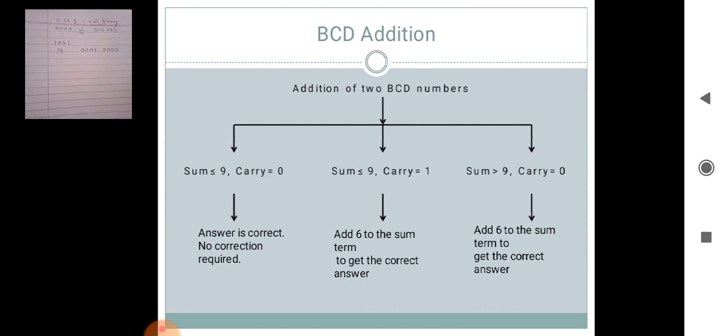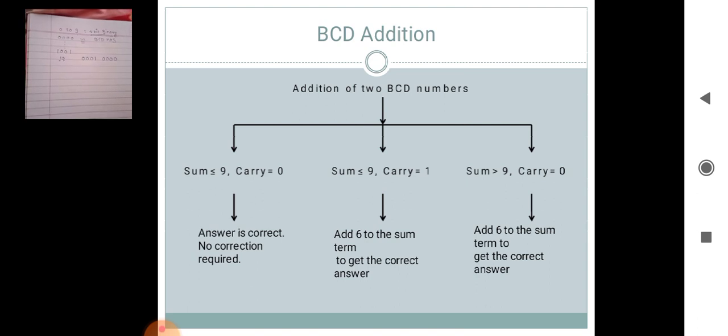If the sum is less than 9 and carry is equal to 1, you get an invalid BCD. If the sum is greater than 9 and carry is equal to 0, you get an invalid BCD. In both cases you have to add 6, that is 0110 in 4-bit binary, to the answer. Then and only then will you get a valid BCD number in your addition, right?